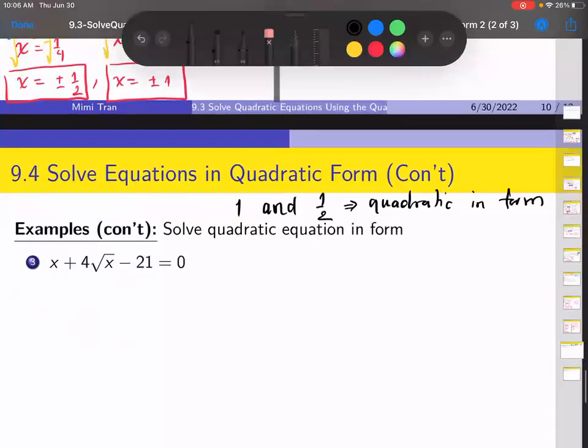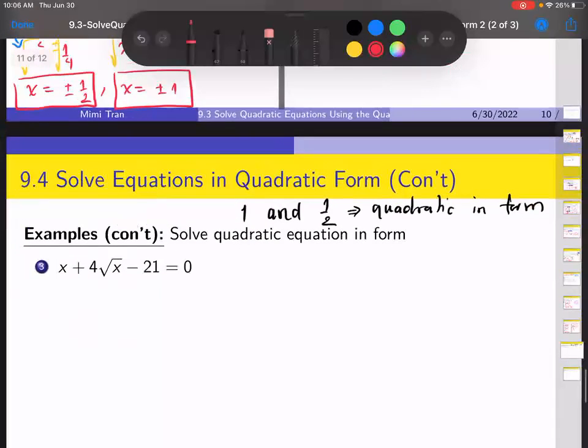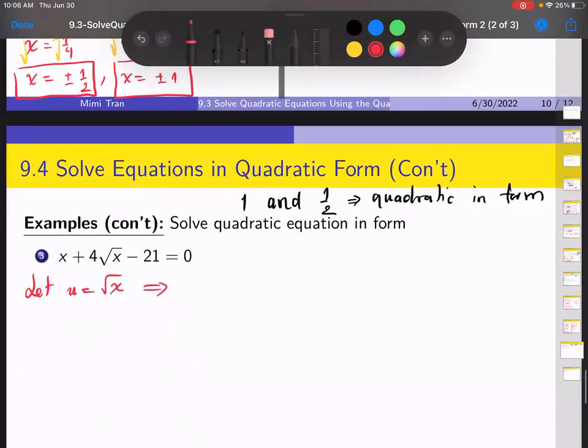So now what do we do? We let u equal, what will you let u equal? Always the middle term, which is square root of x. If you square both sides, what happens? Square root of x squared is x, right?